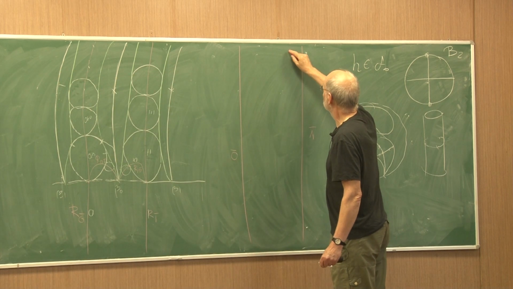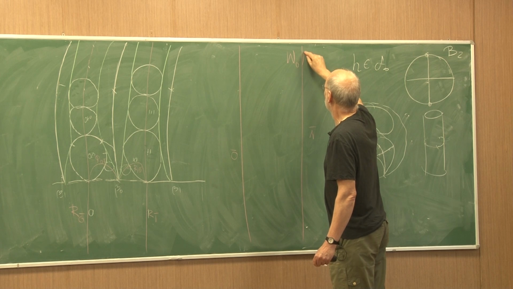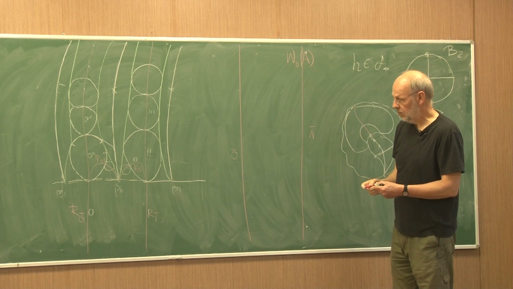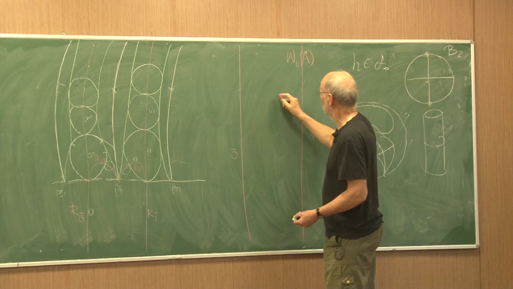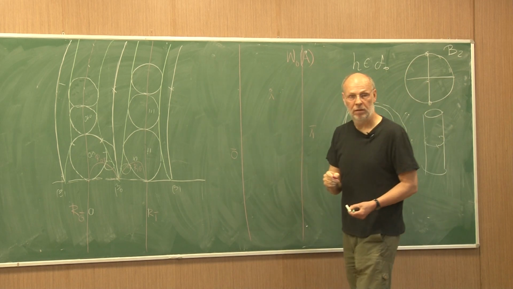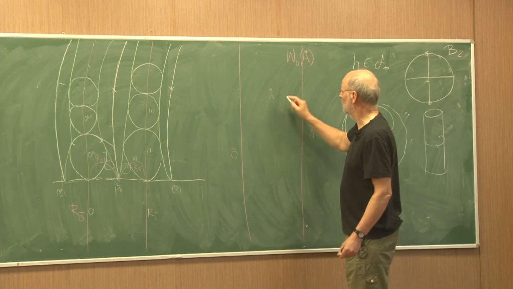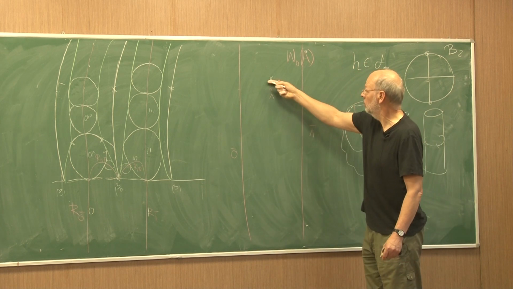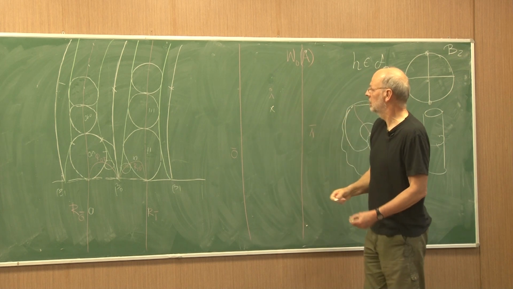So let's call this W0 of lambda. Now, inside I have a unique critical value, lambda. And I have a critical point, which maybe initially is above or below, or maybe it's here.